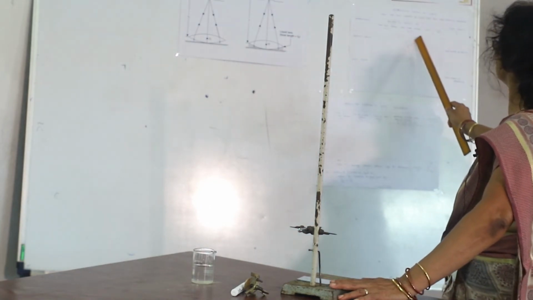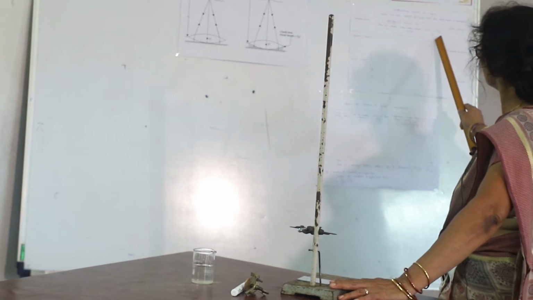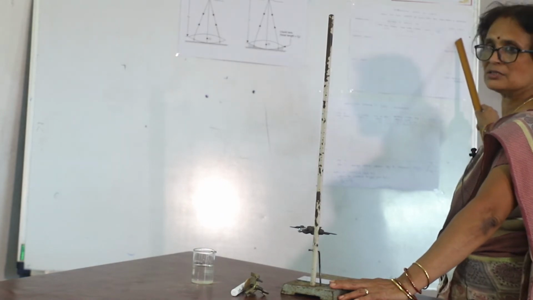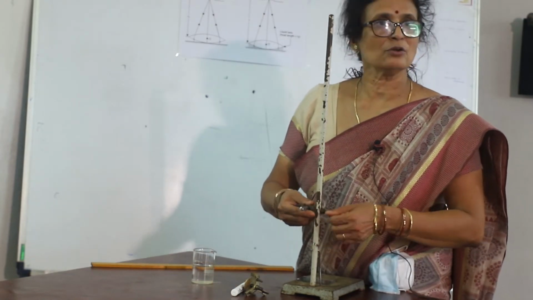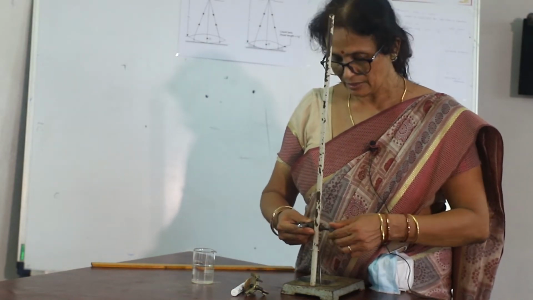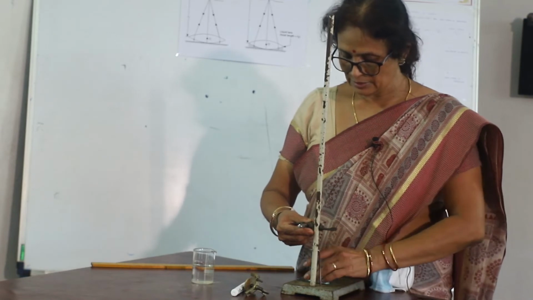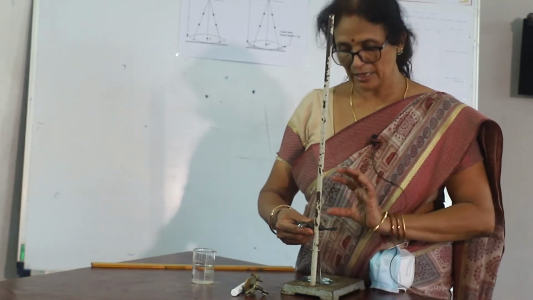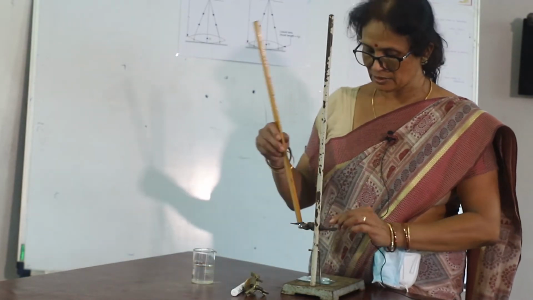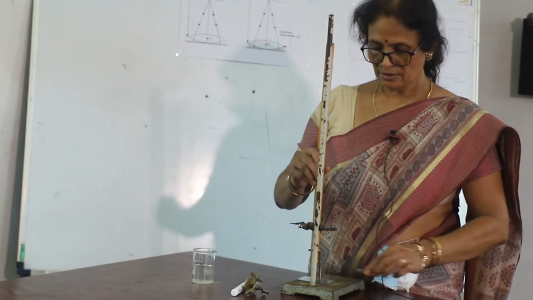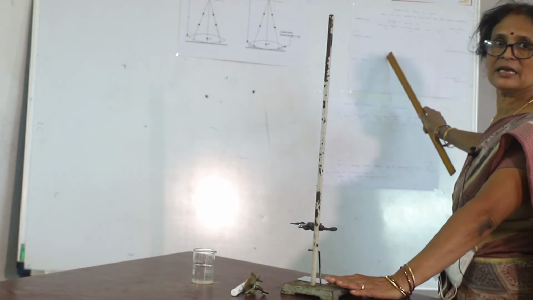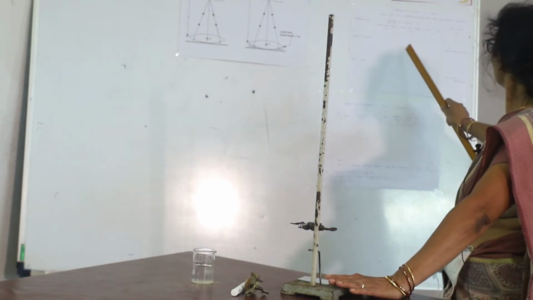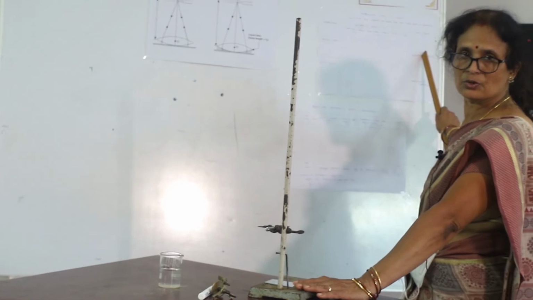Find the average of both these, that is the mean length, and that is equivalent to the focal length of the lens. Once it is done, adjust similarly so that the needle coincides with its image. Again, using a scale, measure the distance of the needle from the lens, from the mirror, and the average. Likewise, note the observation 3 times and find the focal length of the lens.